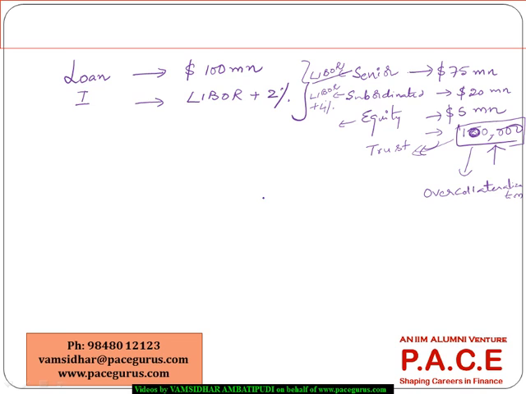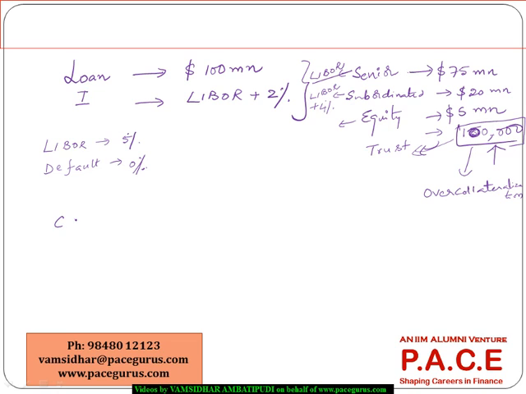Now we can think about the next step. Let's assume right now the LIBOR is somewhere around 5%, and the default rate for the time being, I'll assume it as 0%. I'll take two cases. Now, how much proceeds will come from this 100 million?